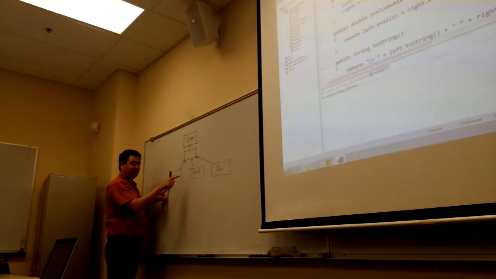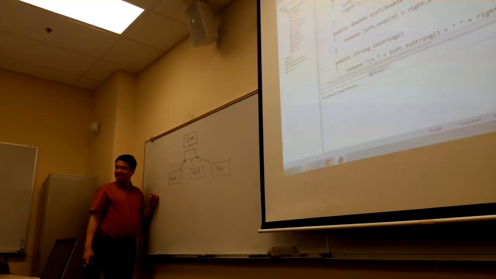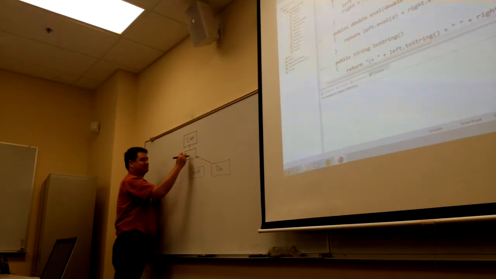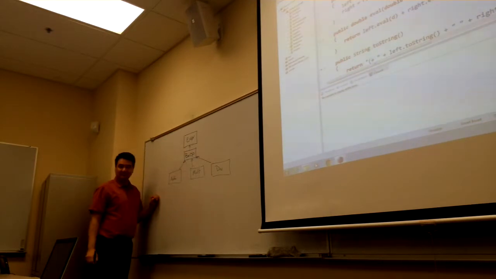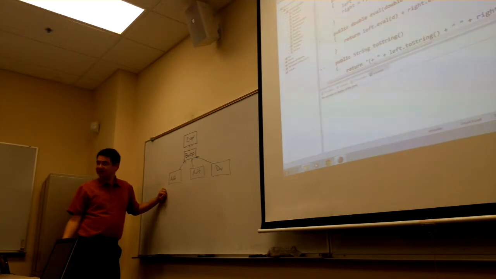All three of these, add, multiply, divide, they're all basically instances of what kind of thing? Binary operator. Because for all the binary operators, add, multiply, divide, things like get are exactly the same.